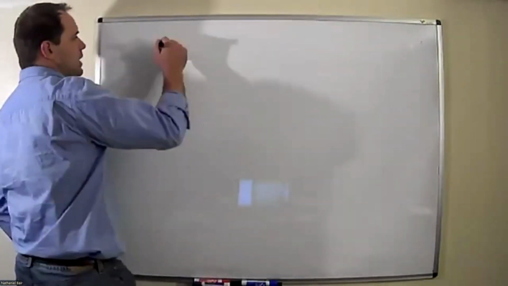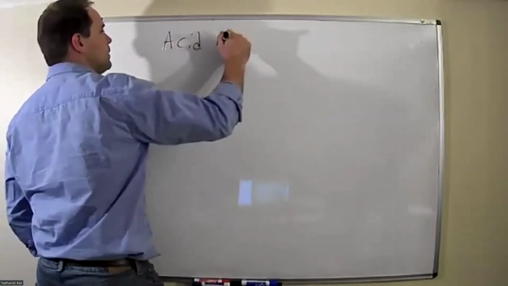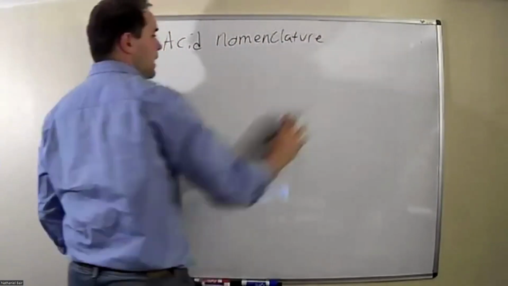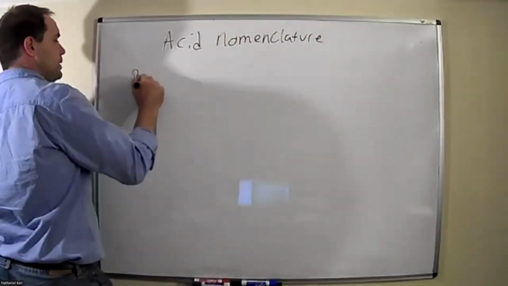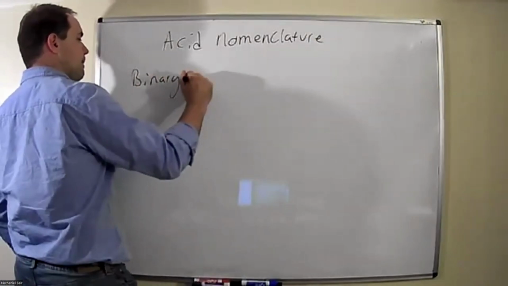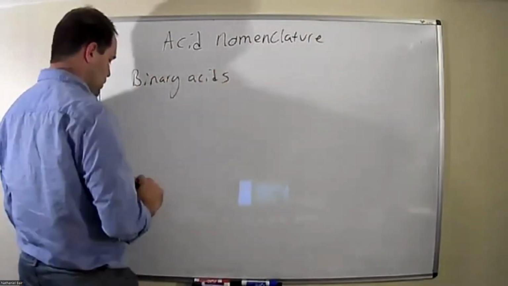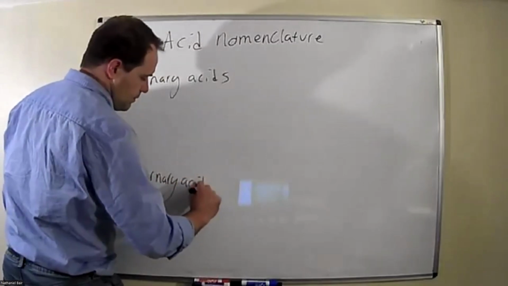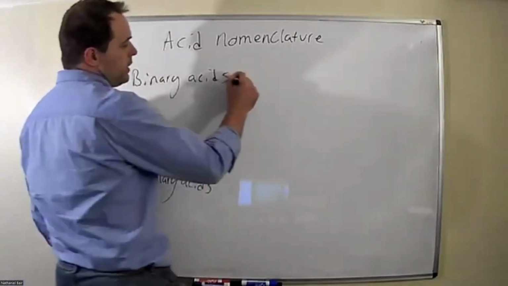This is acid nomenclature. Acids can be broken up into binary acids and ternary acids. Binary acids.